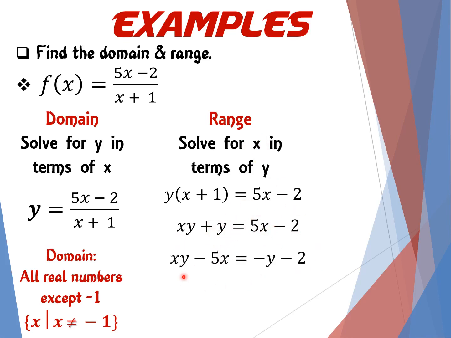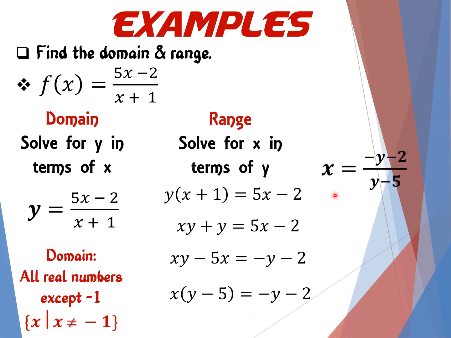So you will have now xy minus 5x is equal to negative y minus 2. Looking at this one, you will notice that x is a common factor. So we're going to factor out x. So you will have x quantity y minus 5 is equal to negative y minus 2. And then we divide both sides by y minus 5.